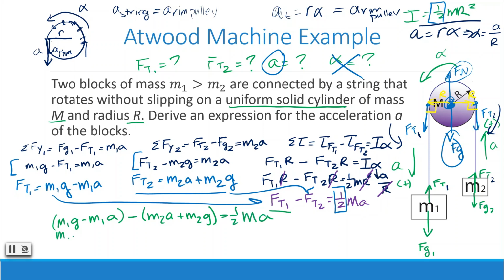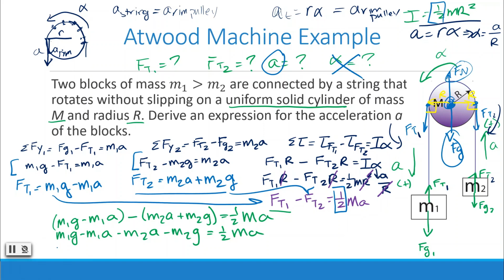So I get m1g minus m1a minus m2a minus m2g is equal to 1/2 M times a. And then what I'm going to do is get all the a terms on one side and the g terms on the other.